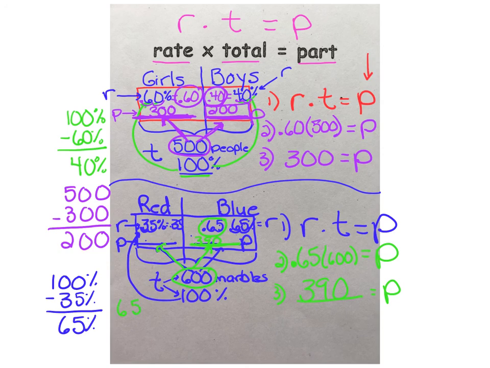Take 600 and subtract 390 blue marbles. Take a moment and figure out how many marbles are left over for the red section of the bar. You should have gotten 210 red marbles.